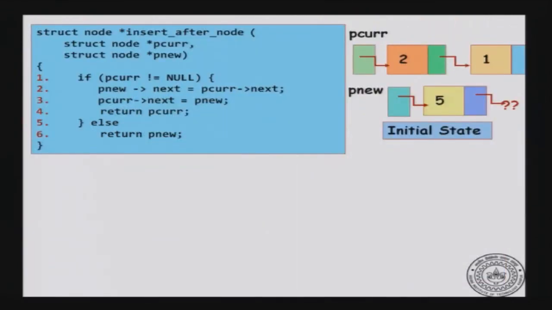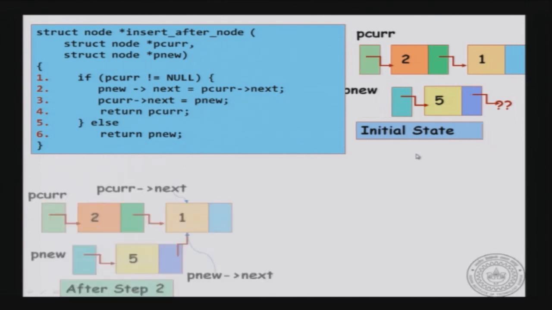Let us just see how this works. Initially let us say that I want to insert after 2 and new is the new node. The initial state is something like this, the 5's next node is pointing to something, maybe some arbitrary location. Now, after line 2, that is P new next equal to P current next, this is the state of pointers.